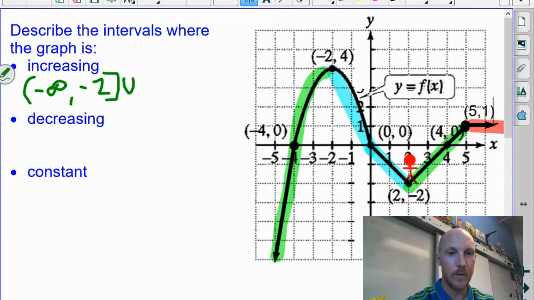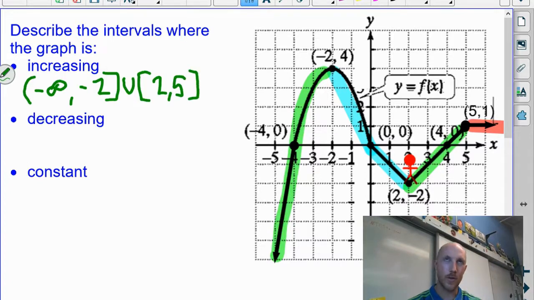Okay, so I need this letter U to combine the first interval with the second, and then my second interval from +2 until +5. So it's kind of one of the things that is confusing about interval notation is we do use that comma in there to break apart the beginning and the end of the intervals. And so sometimes they do look like coordinates if you're using round brackets. It's just something we have to get used to. It's the same symbol used for a different purpose.